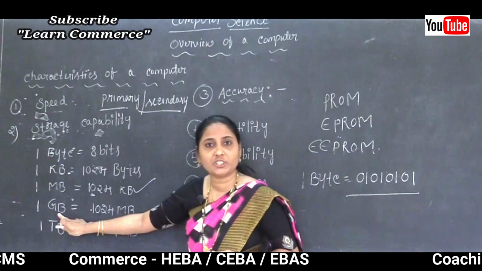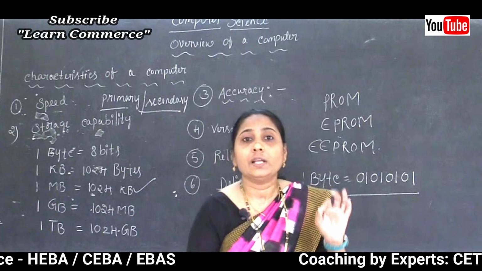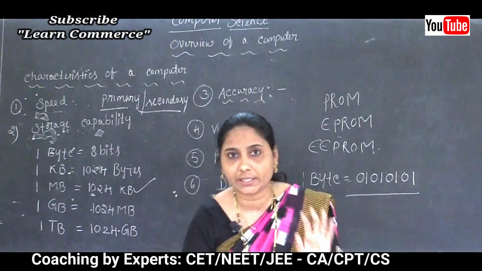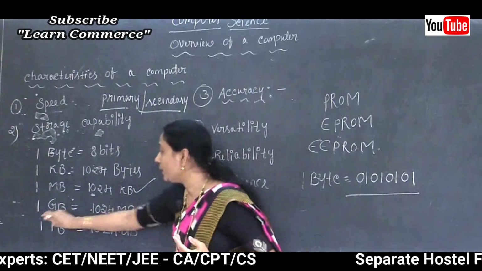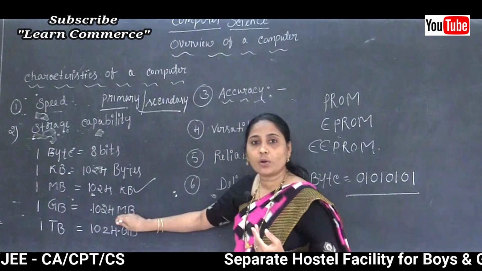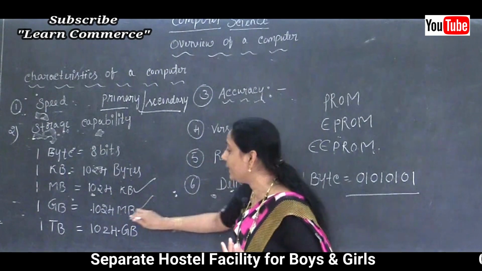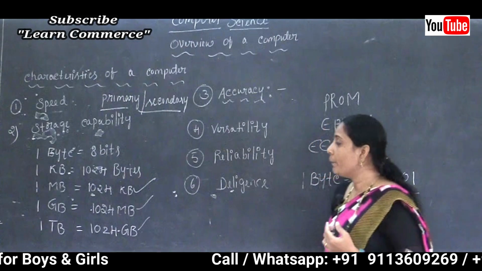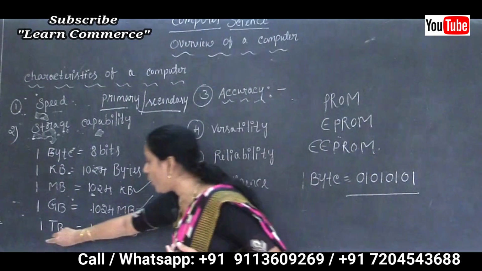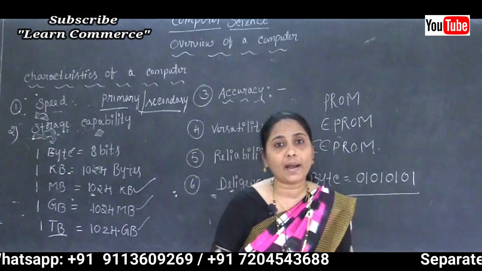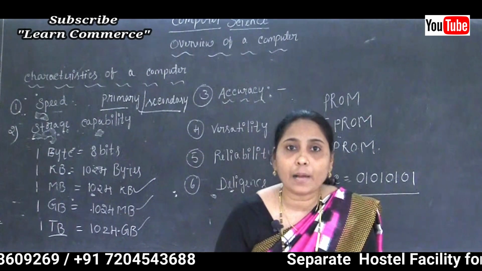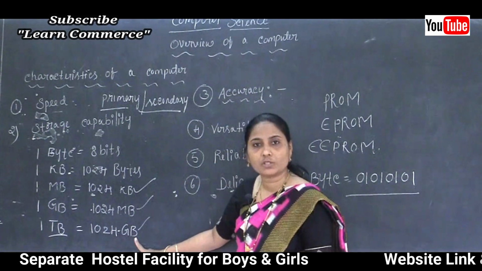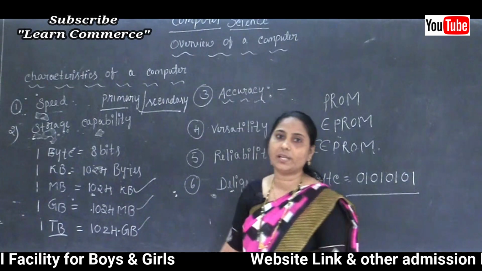The full form of GB is gigabyte, spelled GIGA. So 1 gigabyte is equal to 1024 megabytes, and later the last calculation about the byte, 1 TB. The full form of TB is terabyte, spelled TERA. 1 terabyte is equal to 1024 GB, 1024 gigabytes. So clear this point here?